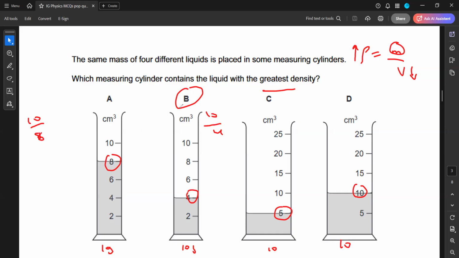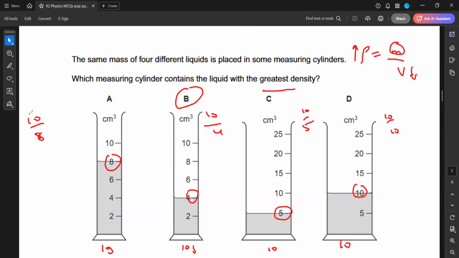For this one, 10 divided by 5 and 10 divided by 10. So density is inversely proportional to volume. The one which has the least volume will be the most dense if they have the same masses. That's why B will be the right answer. Is it clear?